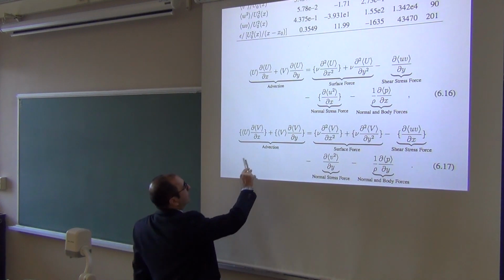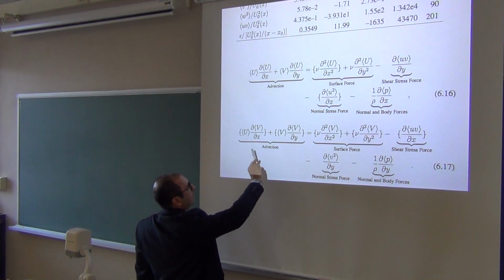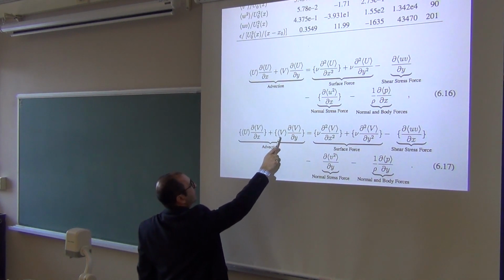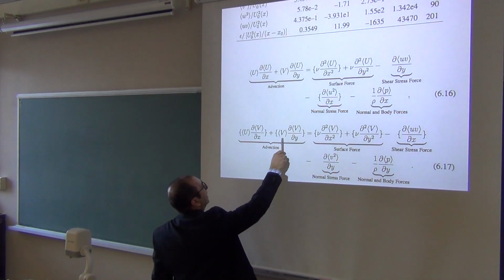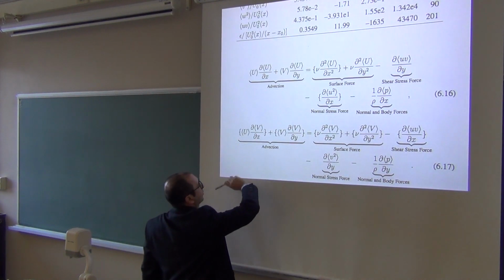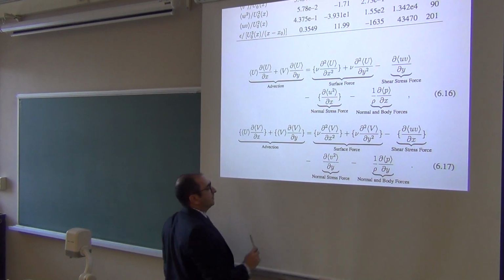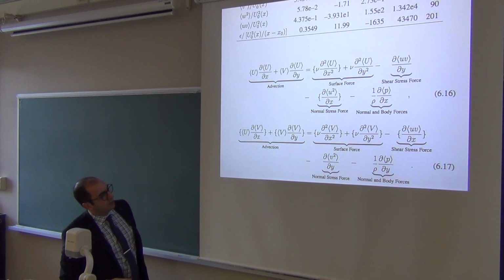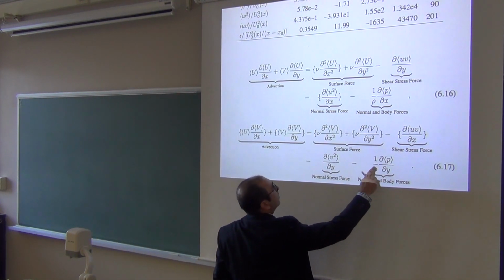I also ignore the advection terms based on the fact that, first of all, v is much smaller than u. Remember, we said v is in the order of 2 or 3% of u, so I can ignore that. So I can ignore derivatives of v with respect to x also. So the v component of momentum actually boils down to a much simpler equation. I actually only have 2 terms left. So this plus that was equal to 0.